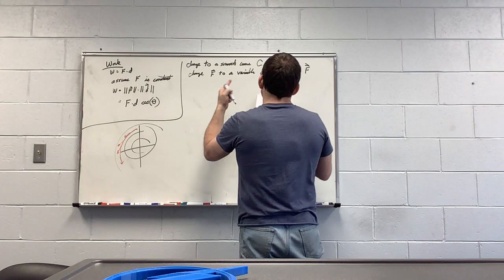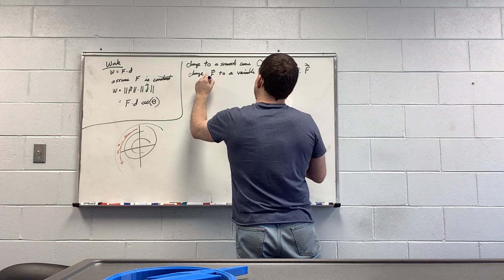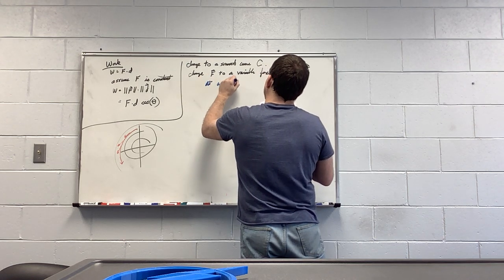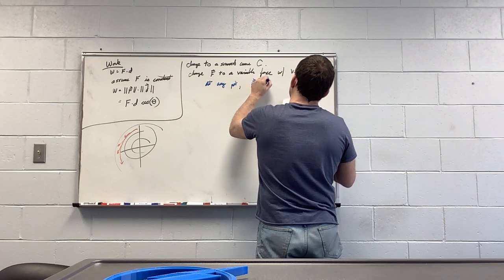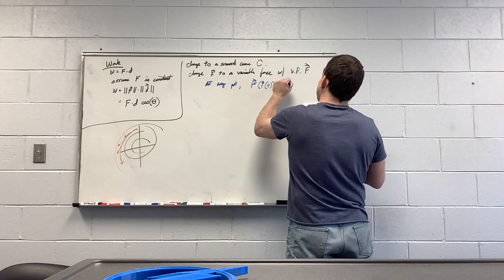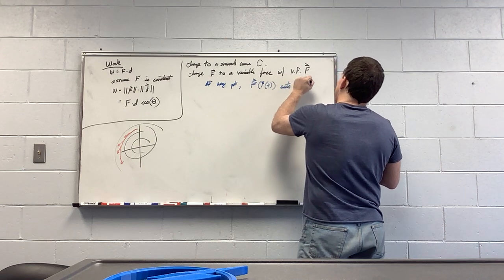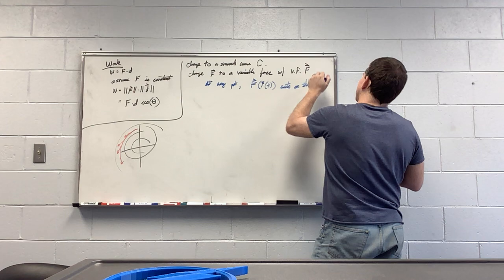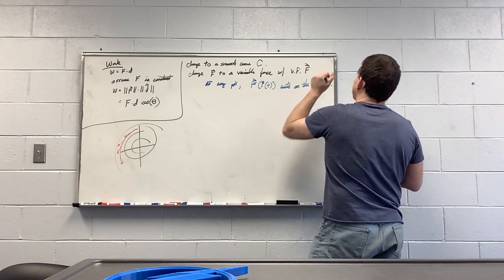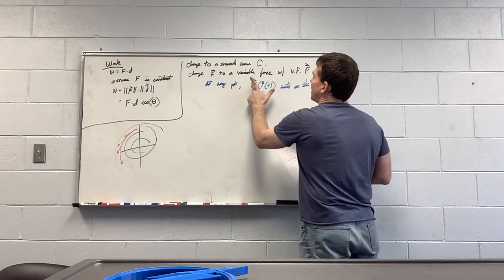But that means, since I'm going to have a smooth curve r of t, my parametrization, and I have my vector field F, then I know at any point F of r of t acts on the particle.